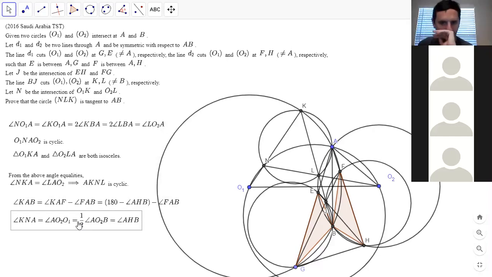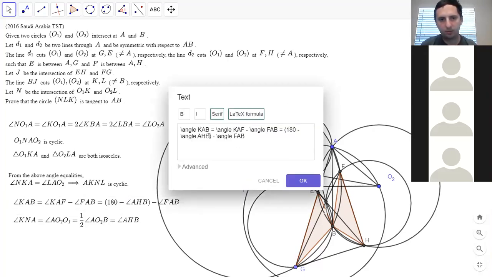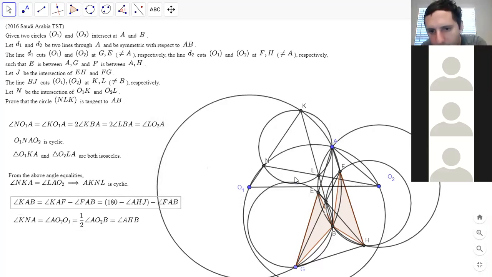So I'm calculating KAB and KNA. KAB is KAF minus FAB. And KAF, oh no, because AK is parallel to JH, KAF would be 180 minus FHJ, or AHJ. So we want to show FAB is equal to JHB.